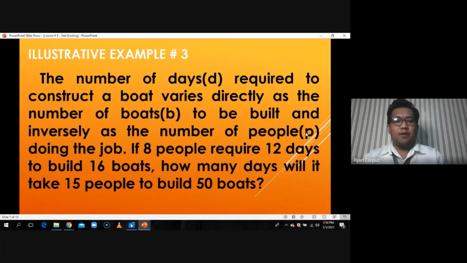So D for the number of days, B for the number of boats, then P for the number of people. So it will be the same as D varies directly as B and inversely as P.